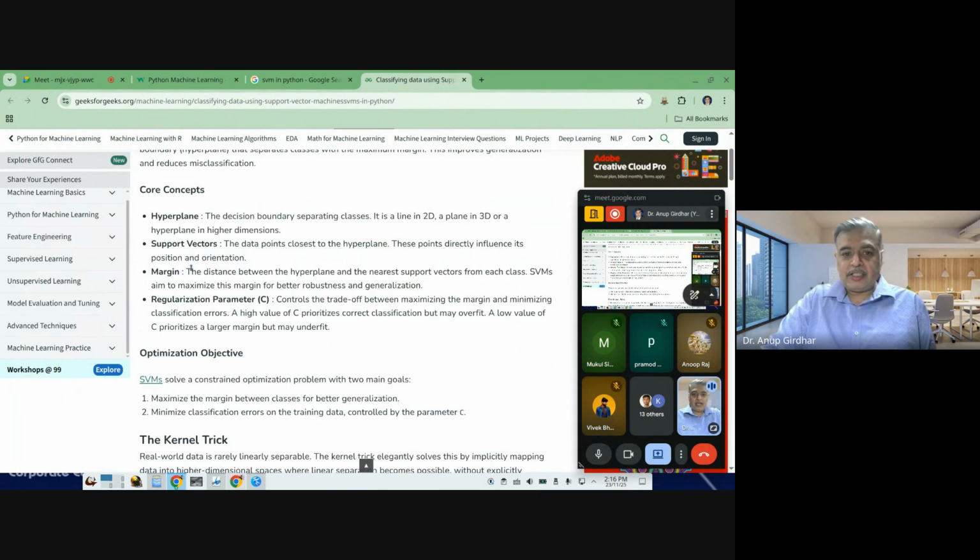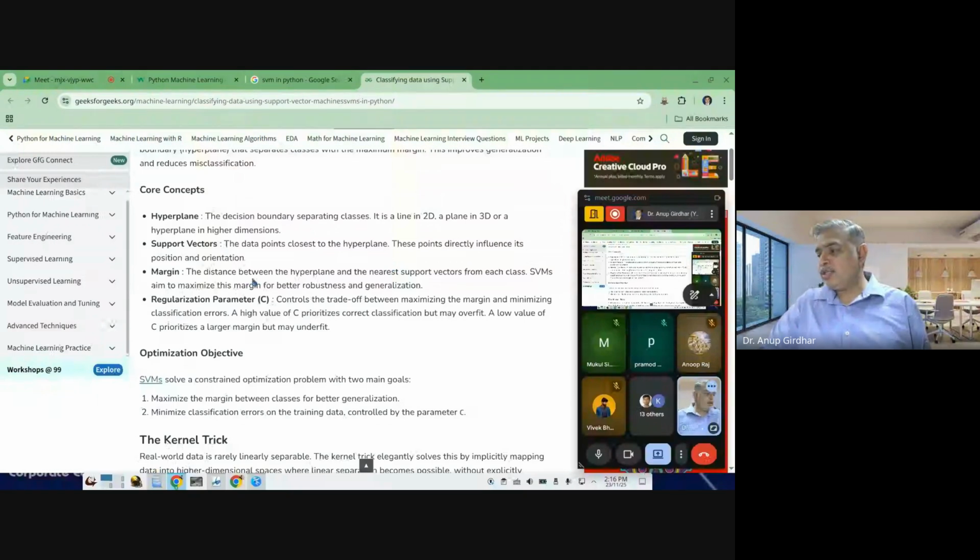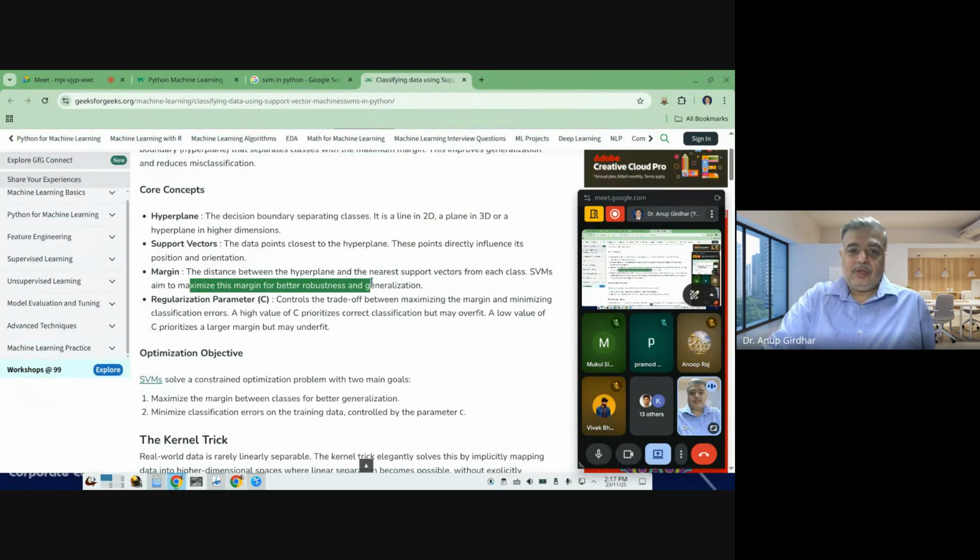The margin is the distance between the hyperplane and the nearest support vector from each class. So according to the class, we also divide the data for the purpose of classification. And under that, there are the margins which are very near to it, and accordingly your SVM would perform and aim to maximize the margin for better robustness and generalization.